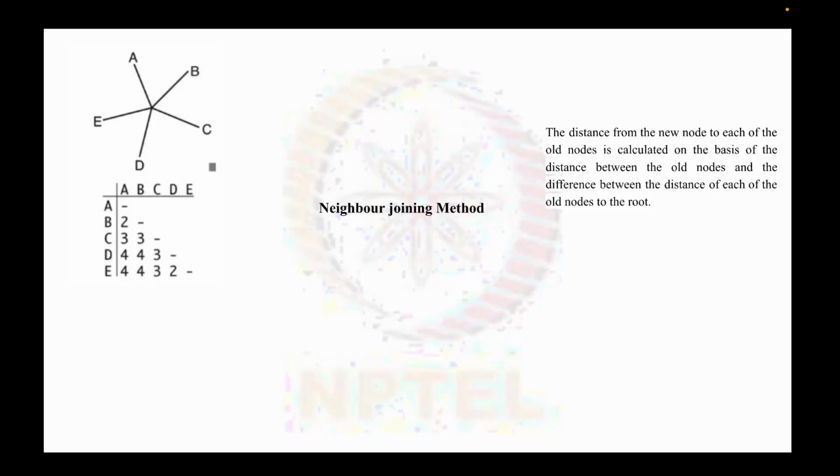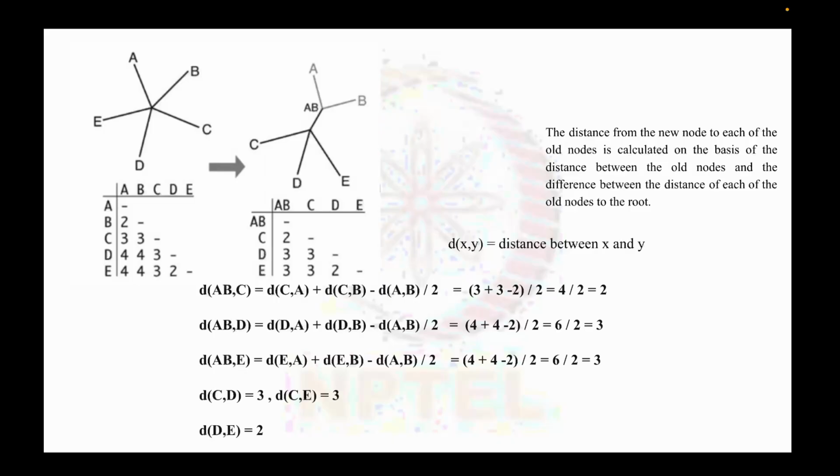We have the smallest value of 3, which is between A and B, and D and E. In this neighbor joining method, the distance from the new node to each of the old nodes is calculated on the basis of the distance between the old nodes and the difference of the distance of each of the nodes to the root.